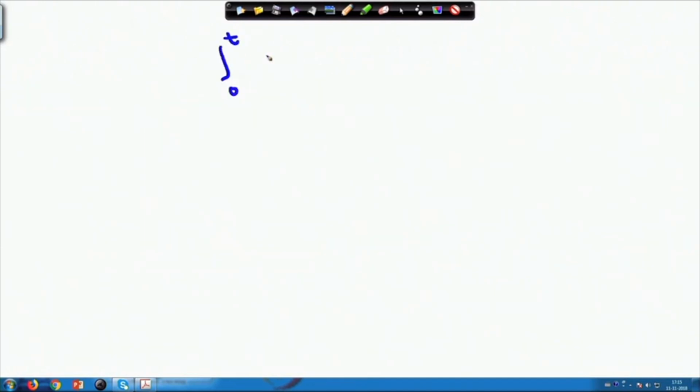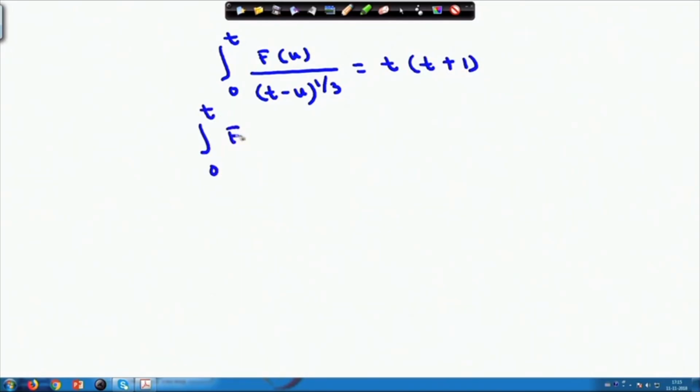I can write it as ∫₀ᵗ f(u) (t−u)^(−1/3) du, which is equal to t(t+1). And once I write this, this is nothing but the convolution case.